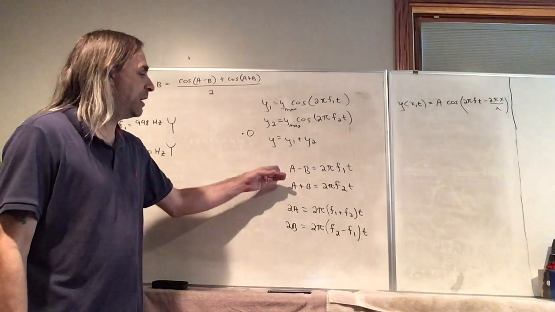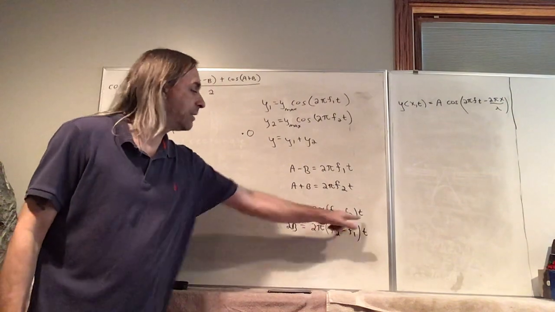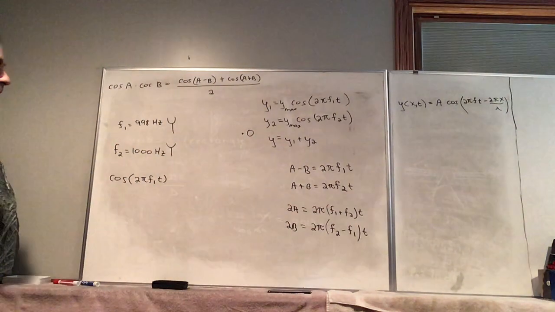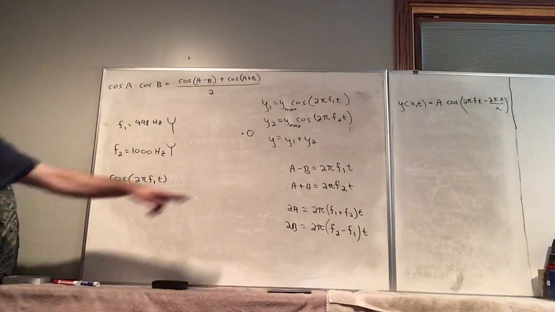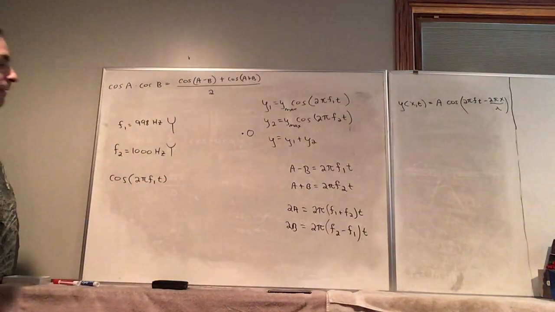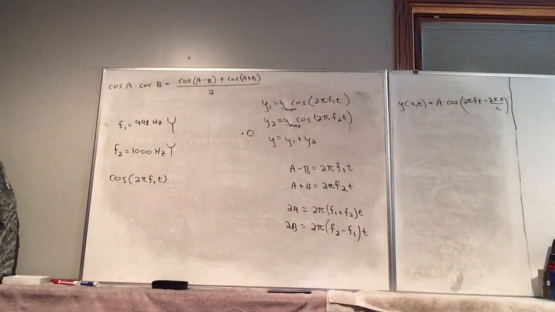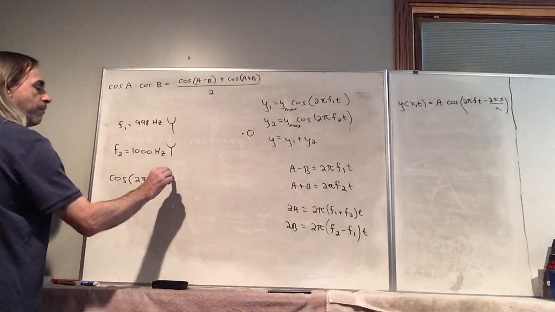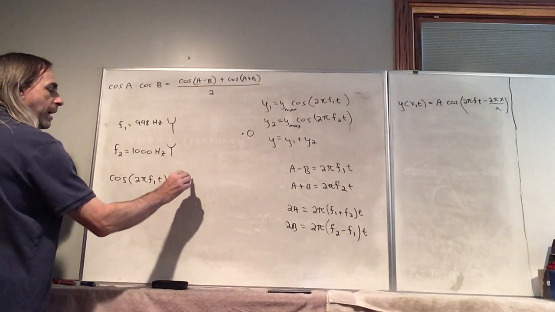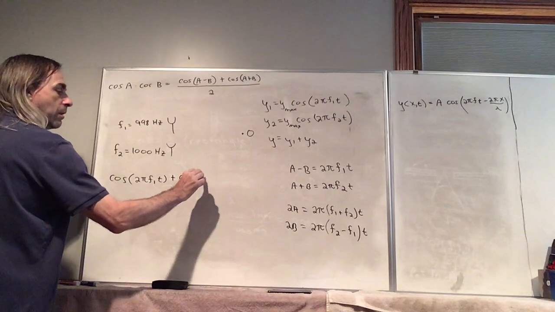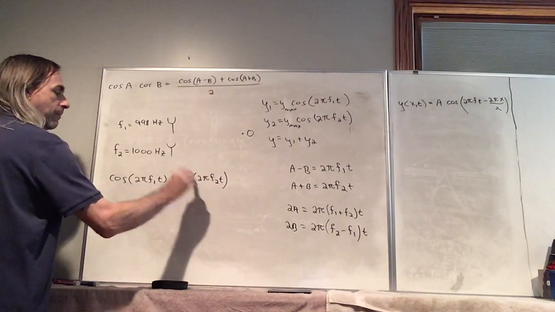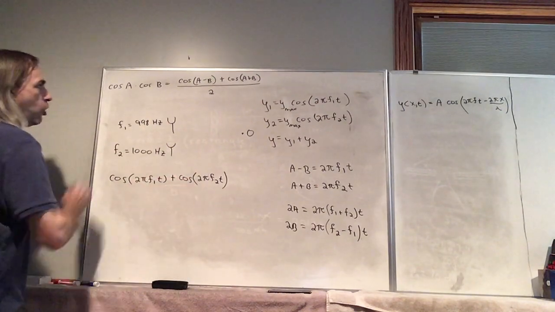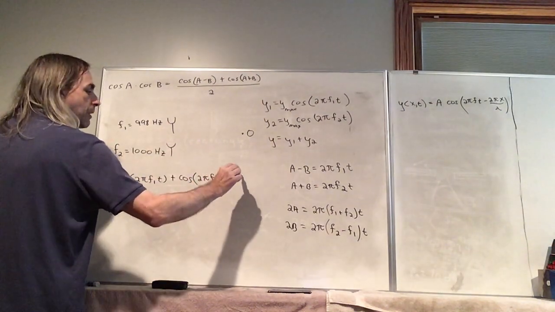If we add them, we get 2A. The 2 pi and the t factor out, so we have f1 plus f2. Same with taking this equation and subtracting that one. And then we have plus cosine of A plus B, that's 2 pi f2 times t, divided by 2 equals this.